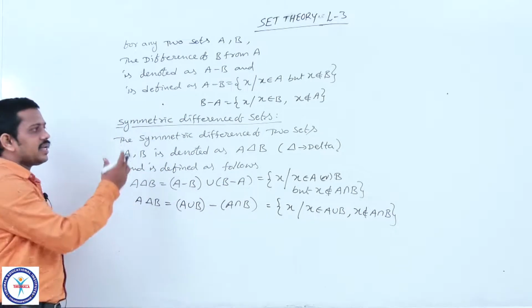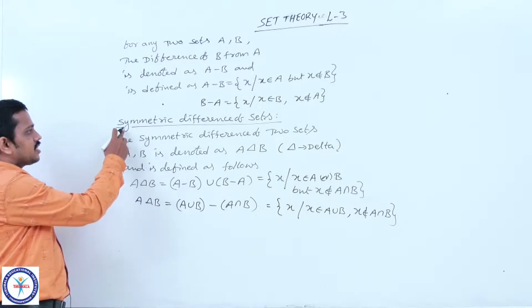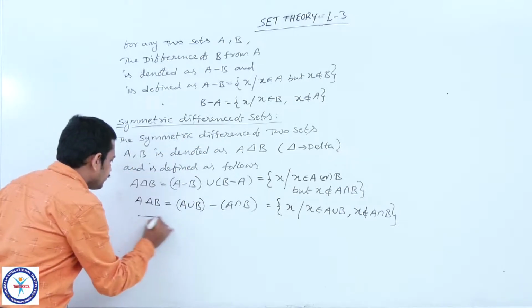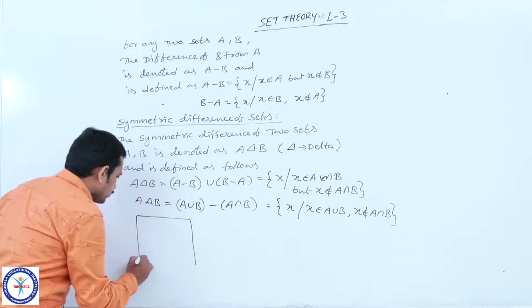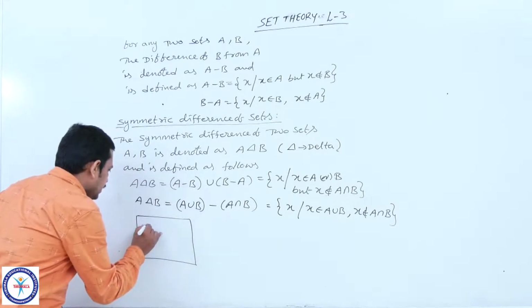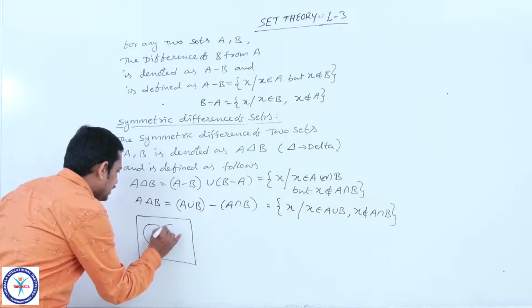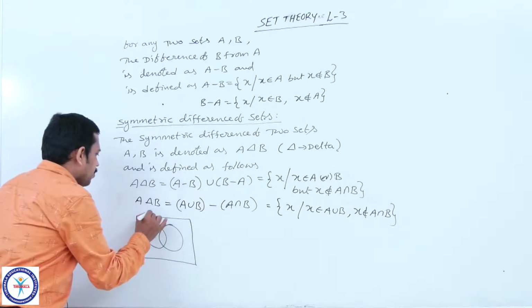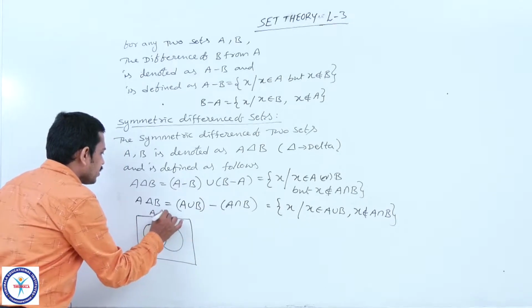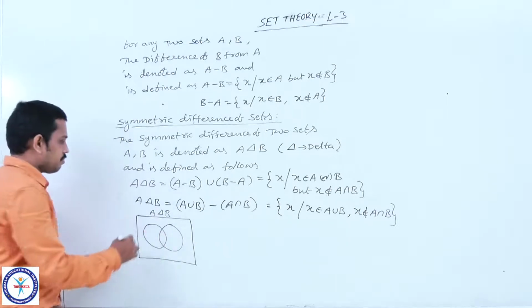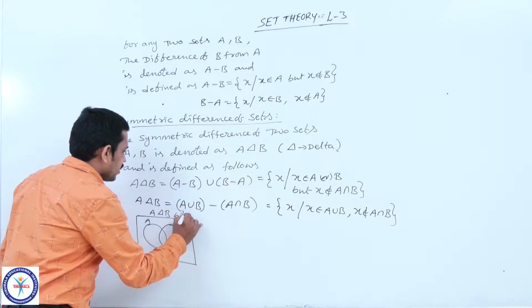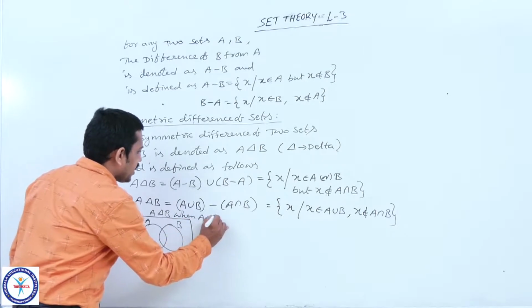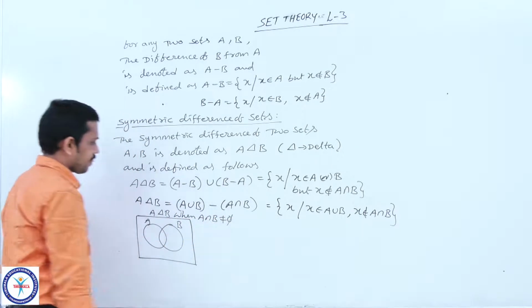So diagrammatically, how can we represent the symmetric difference of any two sets? Venn diagram for the symmetric difference of two sets. This is the set A and this is the set B. Suppose A and B have some common elements, which is the case when A intersection B is not equal to the empty set.